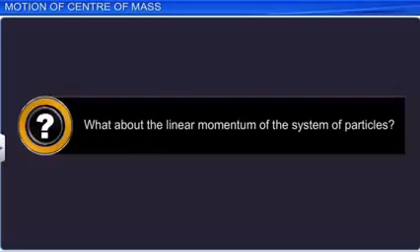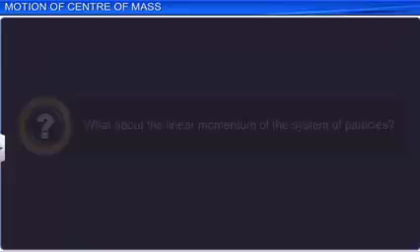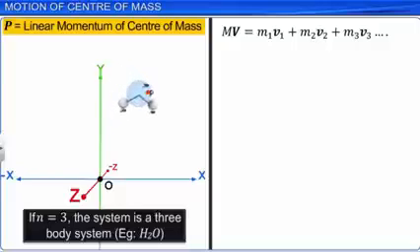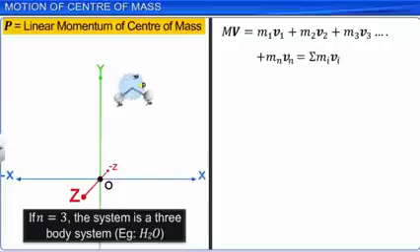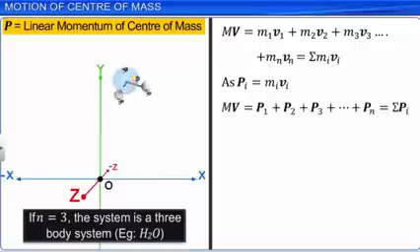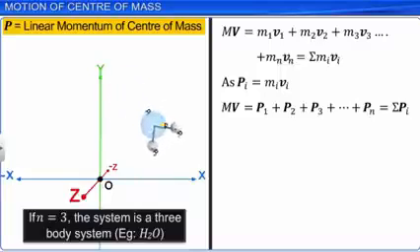What about the linear momentum of the system of particles? We know that mv is equal to m1v1 plus m2v2 plus m3v3 and so on, plus mnvn, which is equal to sigma mi vi. As pi is equal to mi vi, mv is equal to p1 plus p2 plus p3 and so on, plus pn, which is equal to sigma pi.